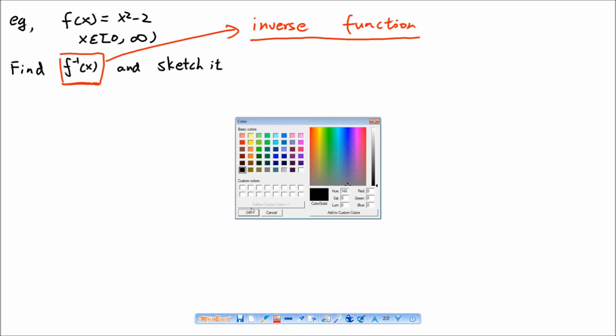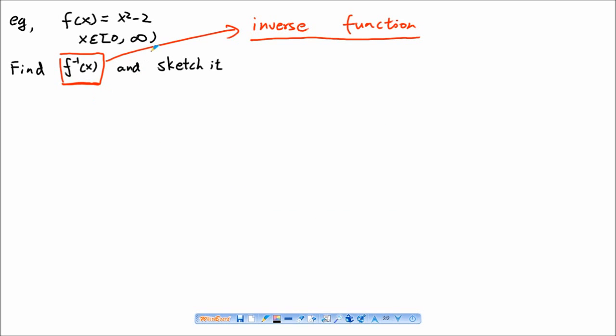In order to find the inverse function, what do we do? Well, we have to interchange x and y, like what we did before.